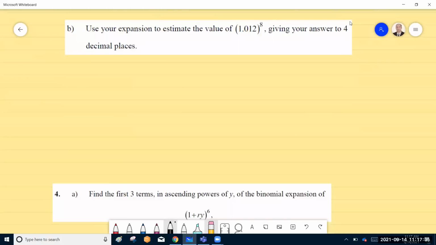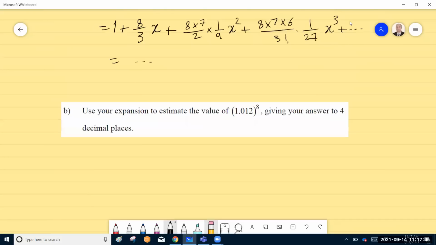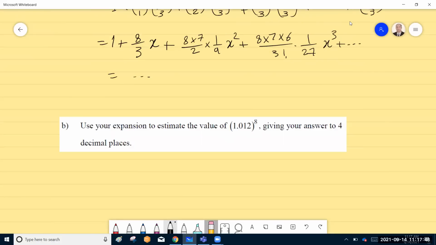Use your expansion to estimate the value of 1.012 to the power of 8, giving your answer to 4 decimal places. I have to come back to this question and use the expansion to the first 4 terms.